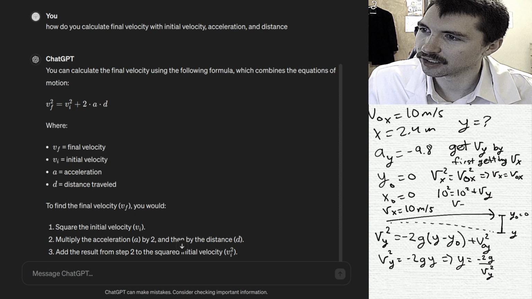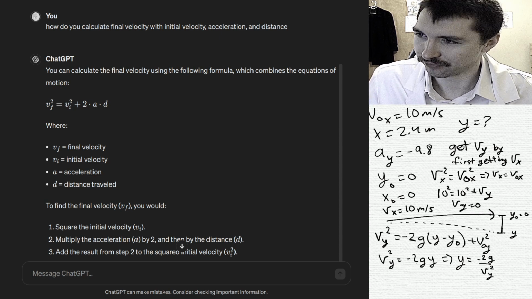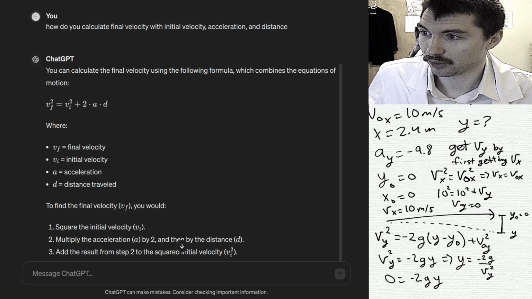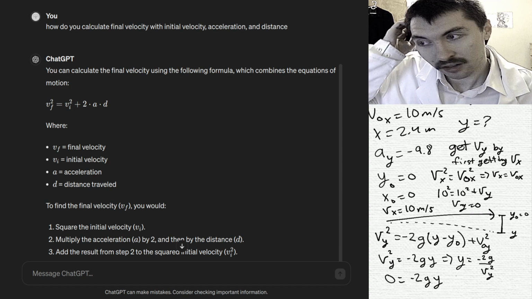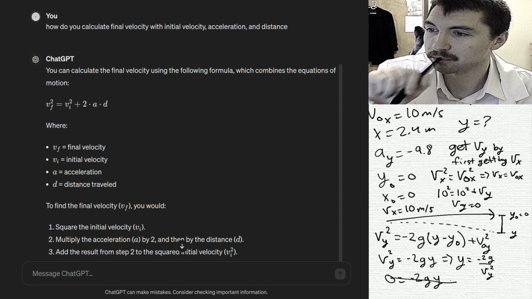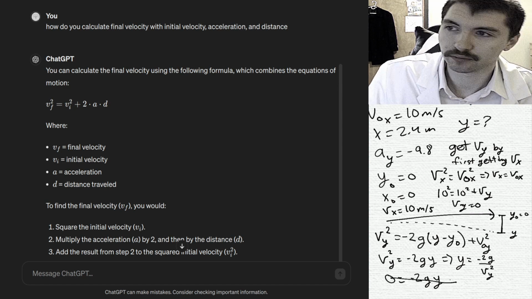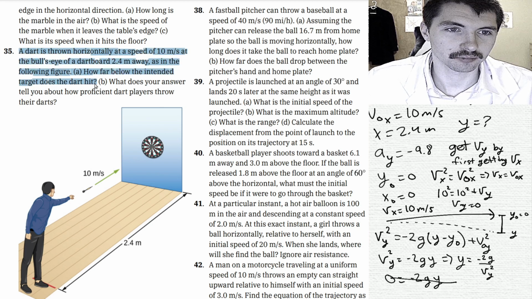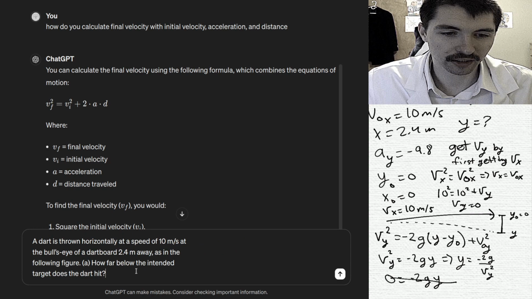So is Vy equals 0? Okay, so Vy is 0. Okay, so we're saying 0 is negative 2 gy. Okay, so Vy is 0. Then that would be 0. Okay. Let's see if we can get a second opinion. I'm getting kind of stuck.